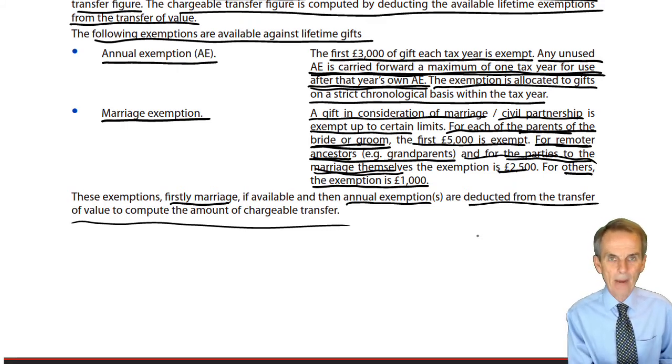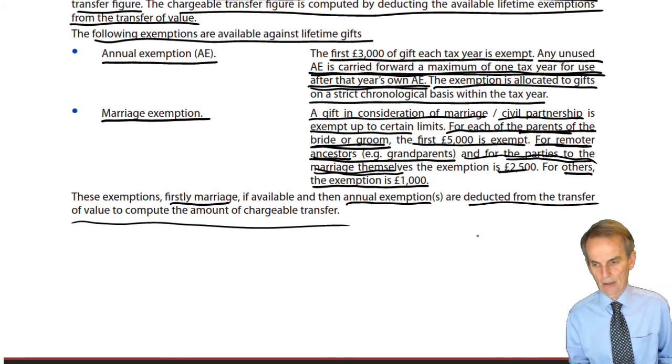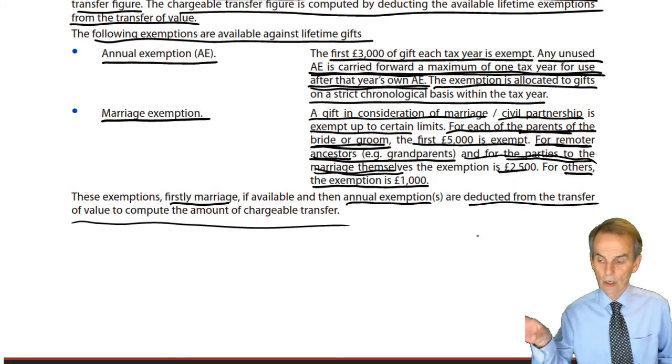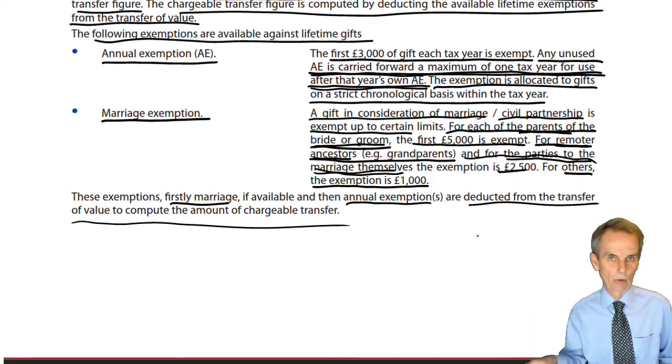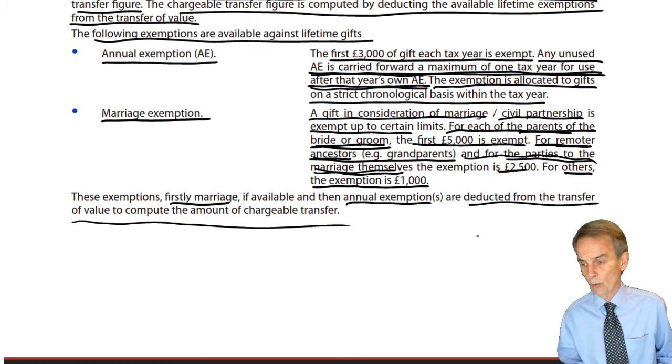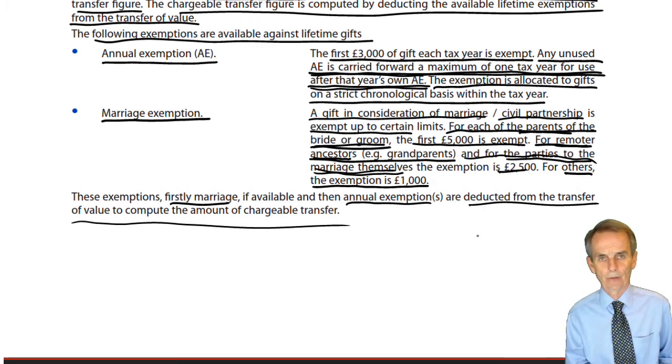As we said, a parent gives £10,000 to their child, on the occasion of the child's marriage, to that particular son or daughter. So what have we got? £5,000 marriage. If it's the first transfer in the year, or the only transfer in the tax year, we've got a £3,000 annual exemption, leaving you with just £2,000 chargeable transfer.